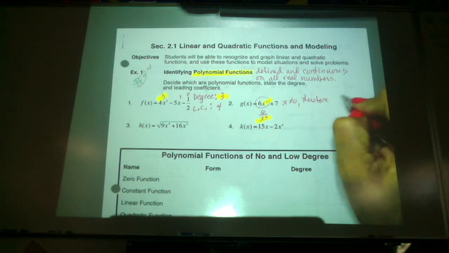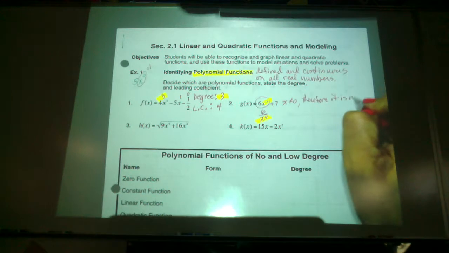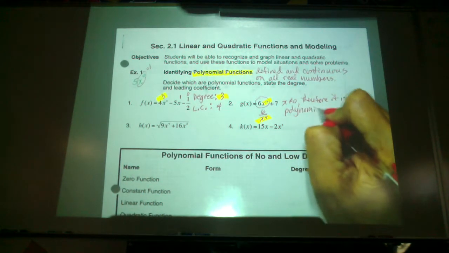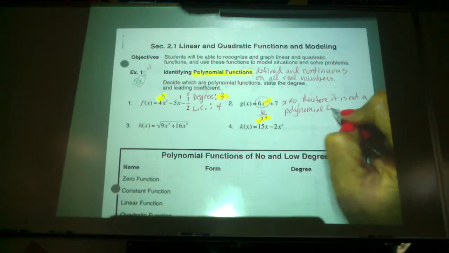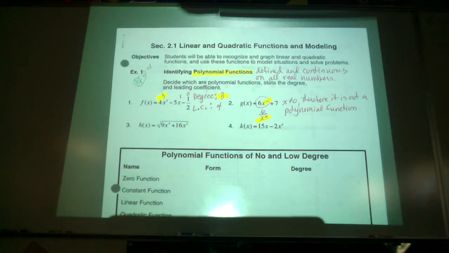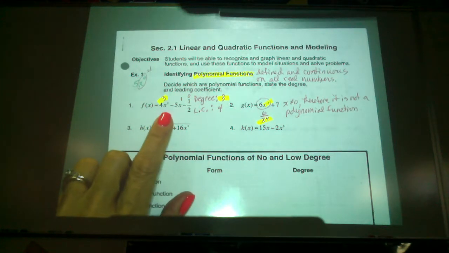Therefore, it is not a polynomial function. It might be a function, but it's not a polynomial function. Because there were no variables in the denominator, and there's no variables underneath the radical.